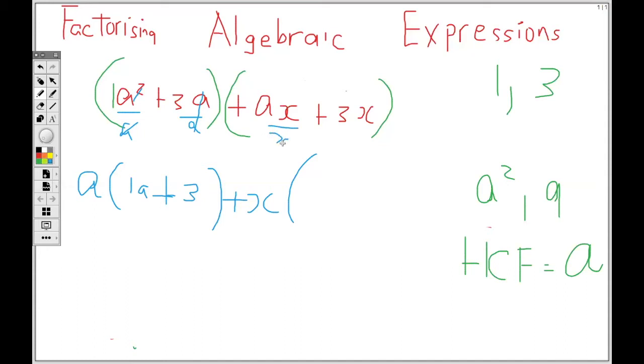If we want, we can divide both of these terms by x. So these cancel, and we are left with a plus 3. Now, remember, 1a is the same thing as a. So I'm going to change this.